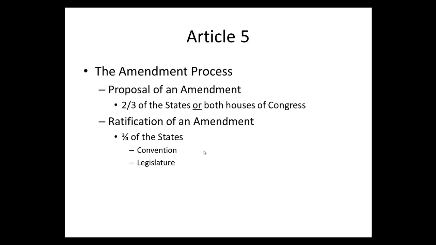Article 5, this amendment process: 2/3 of the states or both houses, 3/4 of the states to ratify. Notice there is no Congress in the ratification of an amendment. You cannot allow Congress to change the Constitution. They'd be changing their own rule book.